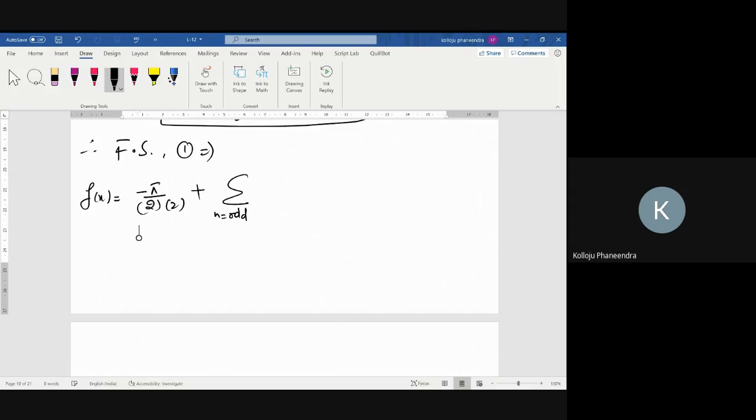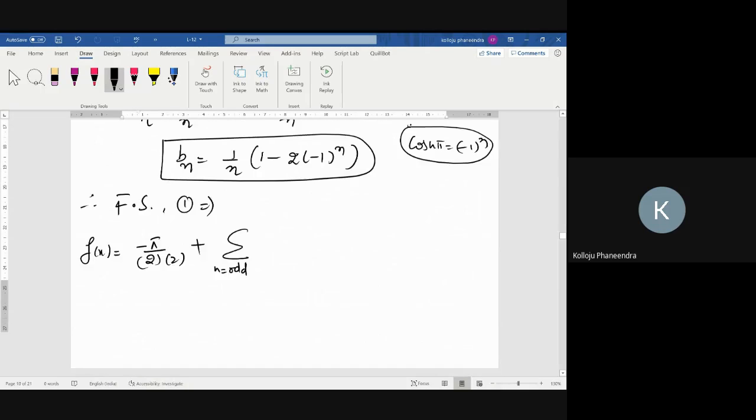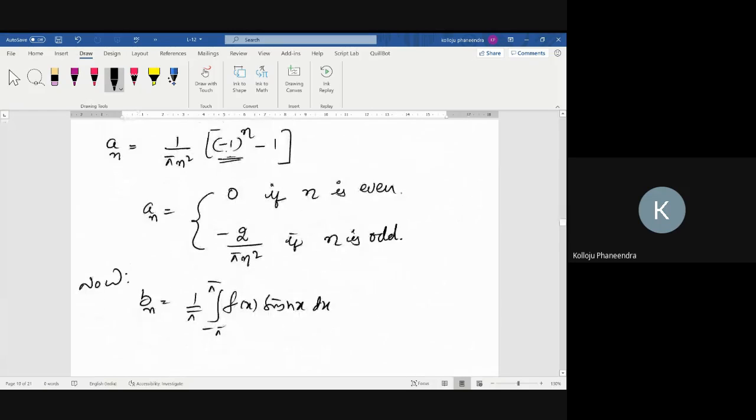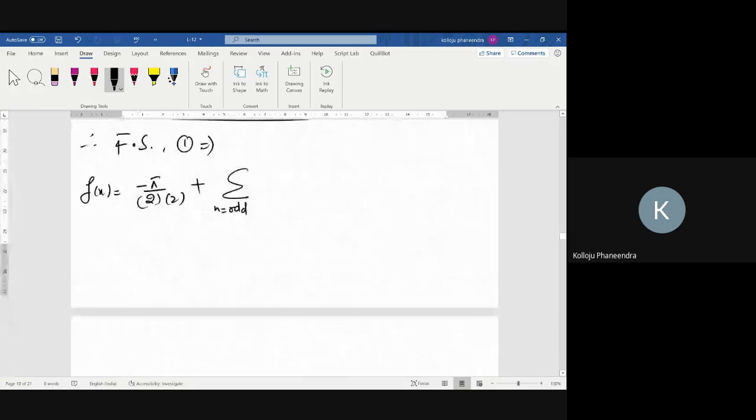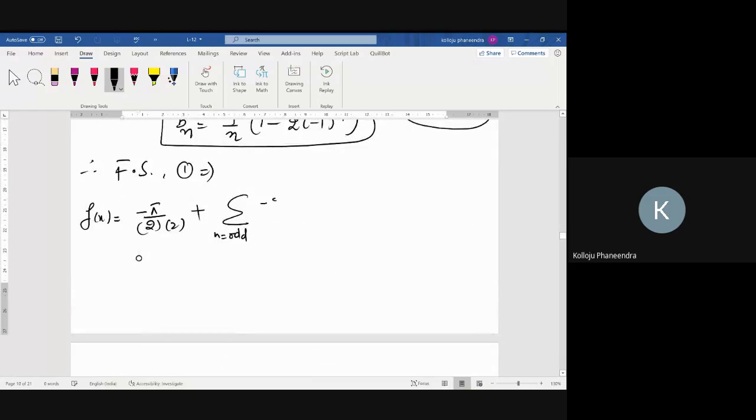When n is odd, what is its value? It is given by minus 2 by pi n square cos nx. And over the summation, you write n equal to odd, or one can write like this: n equal to 1, 3, 5, and so on up to infinity.